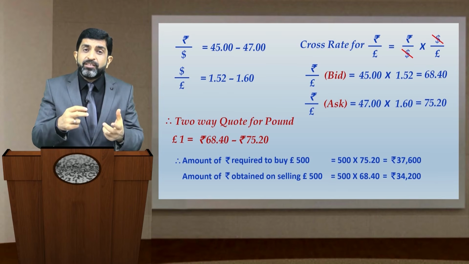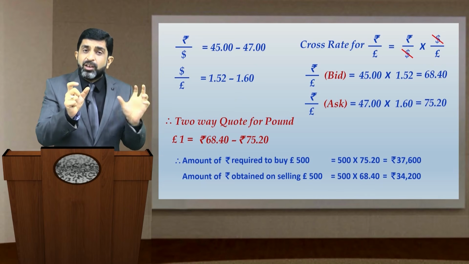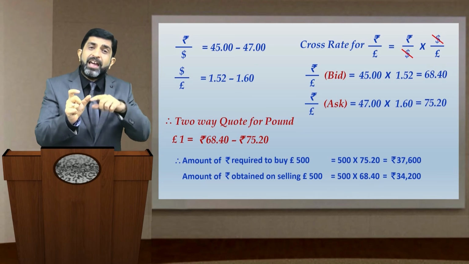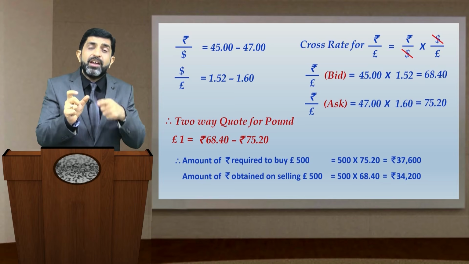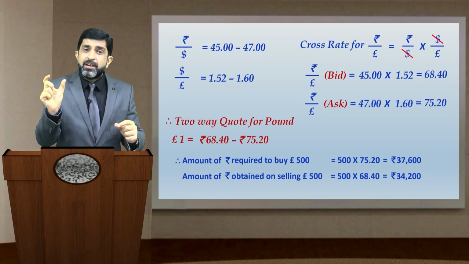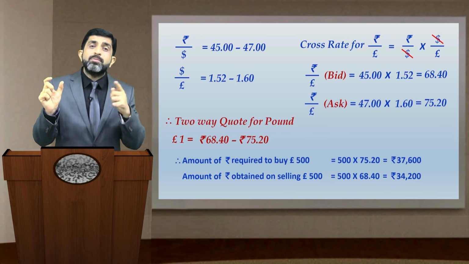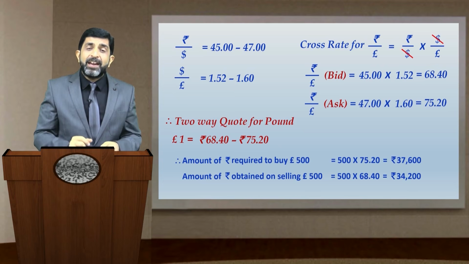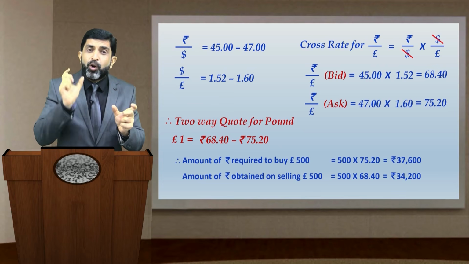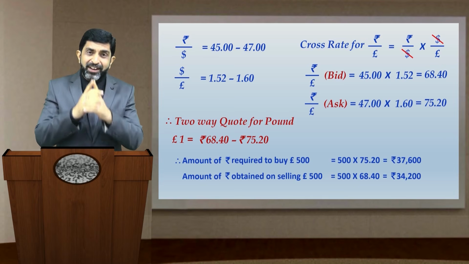And when I sell dollars and want to obtain rupee, the dollar rate which is given in terms of two-way quote, to sell dollars I will again apply the bid rate, and bid rate was 45. So in the chain of calculation, 500 first got multiplied by 1.52, then by 45. And friends, both these rates, 45 and 1.52, both were bid rates.